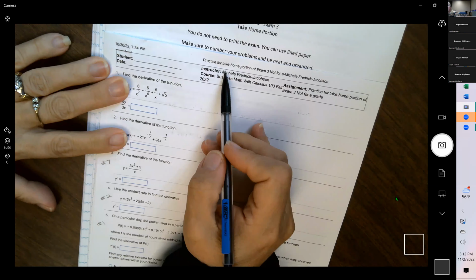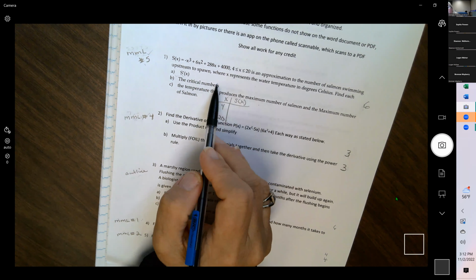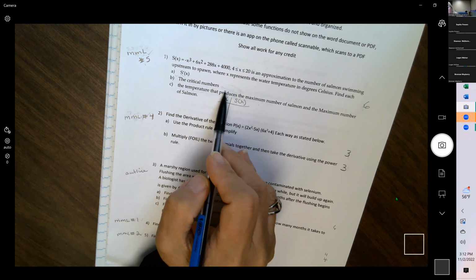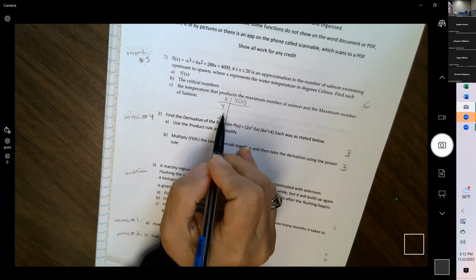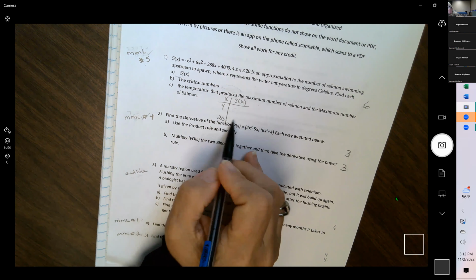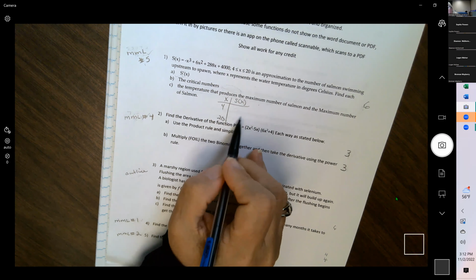Critical number, set it equal to 0 and solve once you take the derivative. Now, when you're finding the max or min, this one gave you endpoints between 4 and 20. So you only take the critical numbers that are between 4 and 20, and check all of those values. And we want the maximum, so you take the largest S of X value. That would be your maximum.